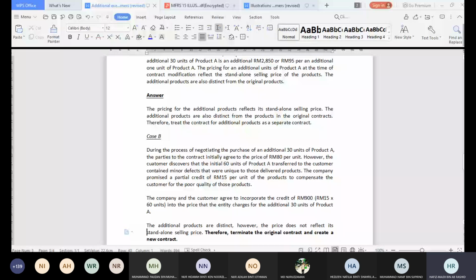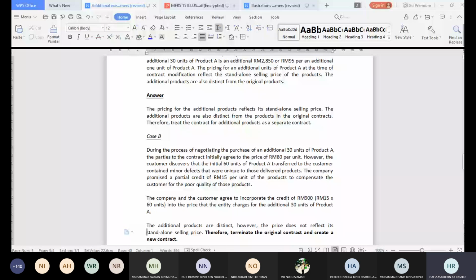However, the customer discovered that the initial 60 units of product A transferred to the customer contained minor defects that were unique to those delivered products. Because of those minor defects, the company promised a partial credit of 15 ringgit per unit.